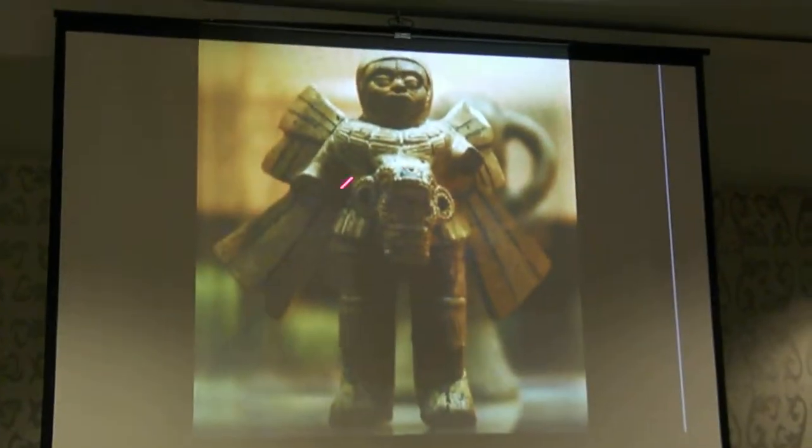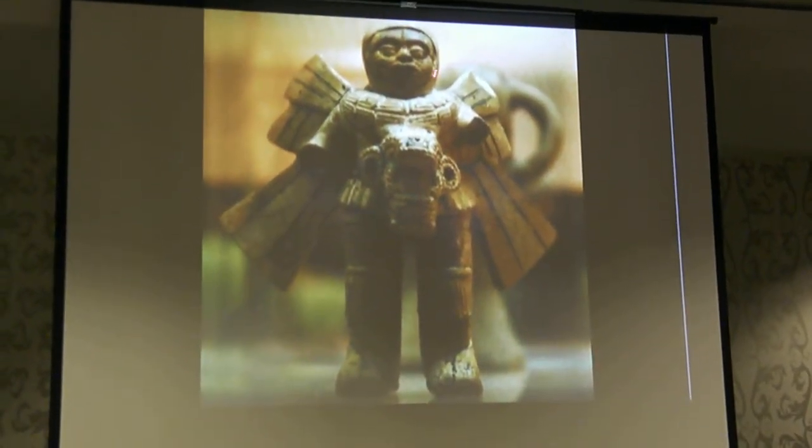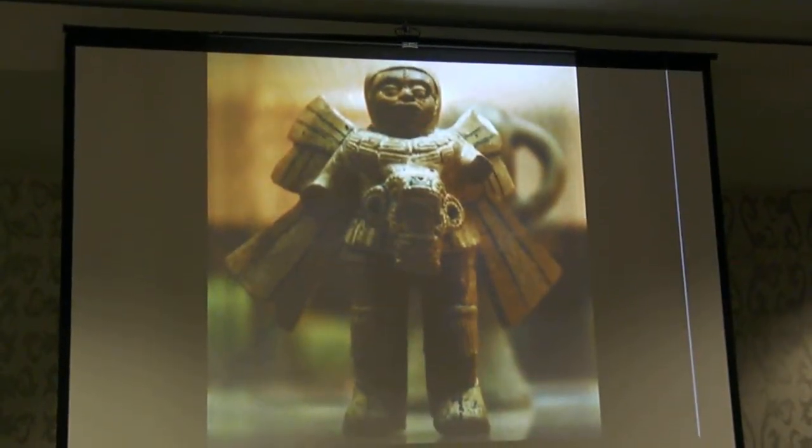He's got six wings for crying out loud. He's got this pack on his chest with tubes. And above all, look at his head. Do you see this skull cap that he wears?